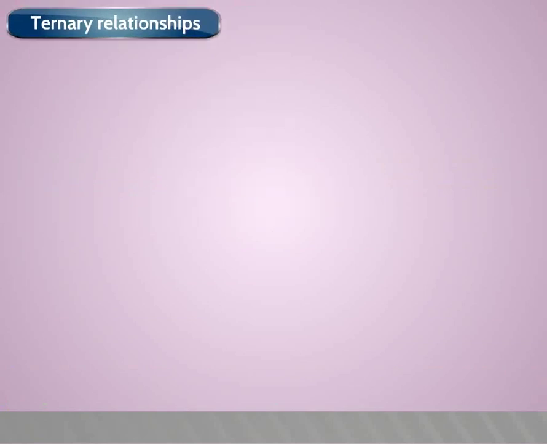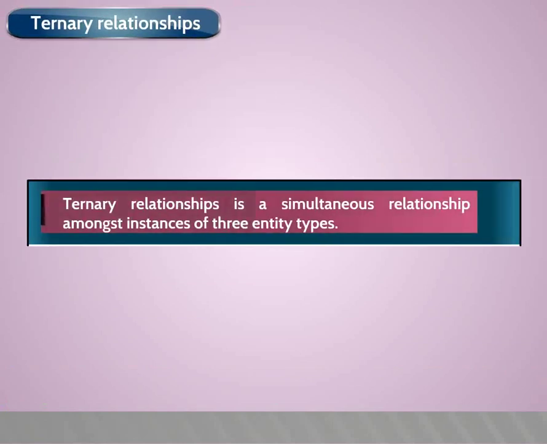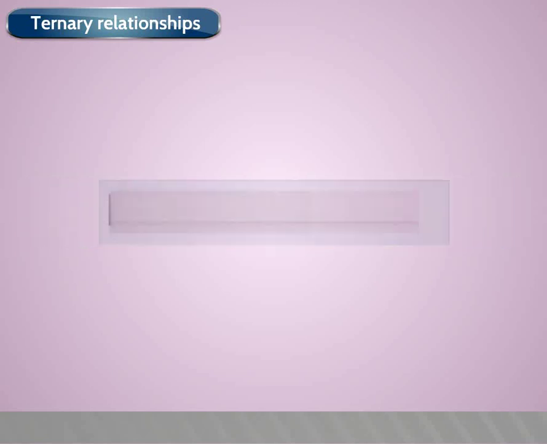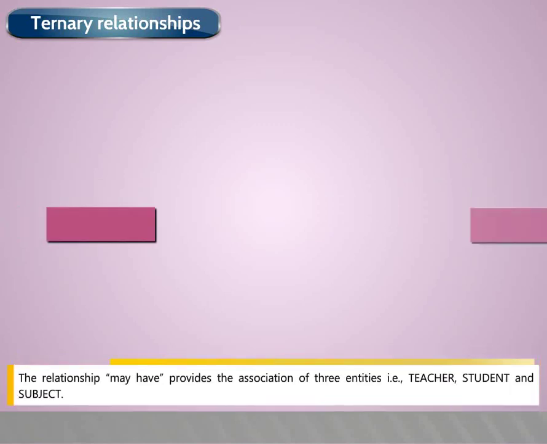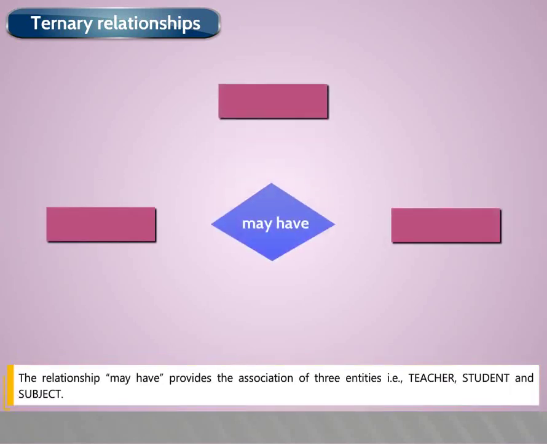Ternary relationships. A ternary relationship is a simultaneous relationship amongst instances of three entity types. The relationship may have provides the association of three entities, that is teacher, student, and subject.